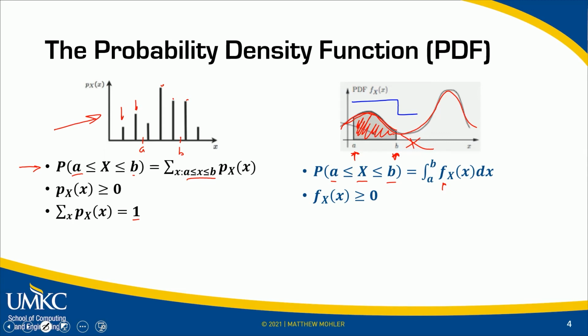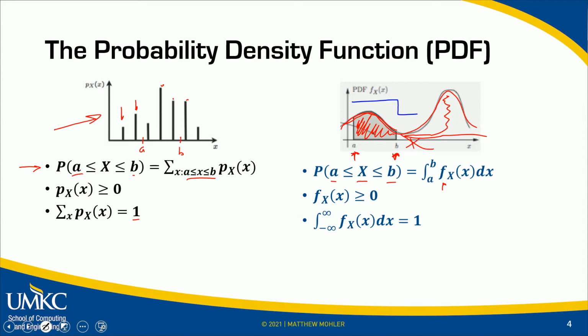Additionally, we must be able to say that the summation, or the integral from minus infinity to infinity of this probability density function, must be 1. So all of the area under this curve for the entirety of our random variable must equal 1. Again, the total area under the curve from minus infinity to infinity must be equal to 1.